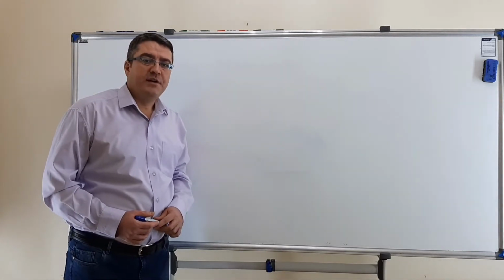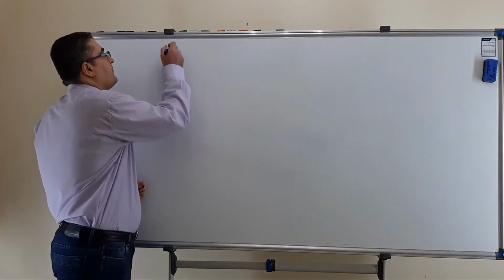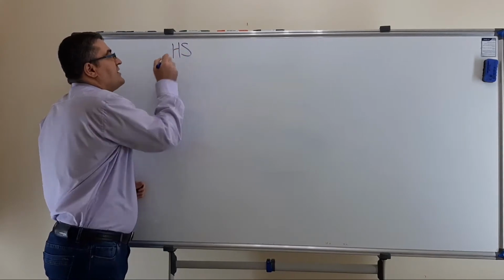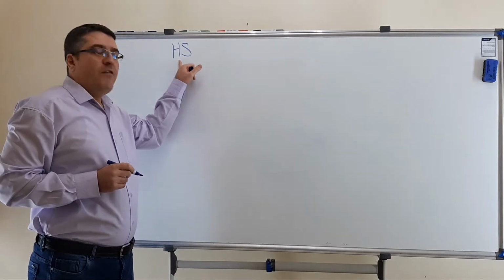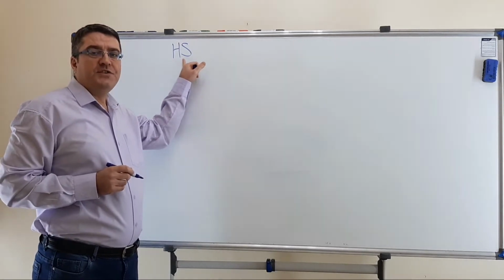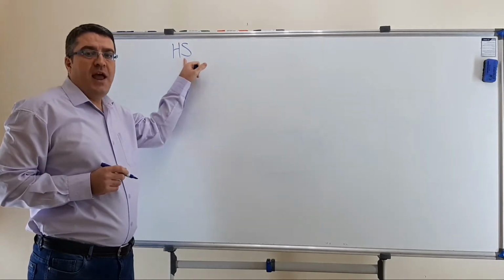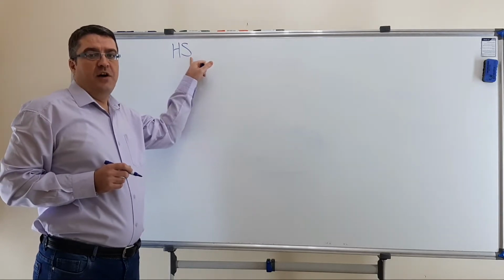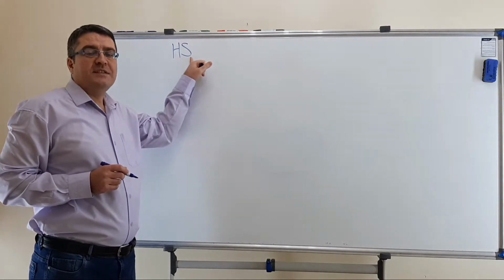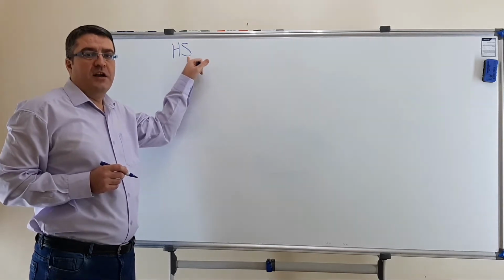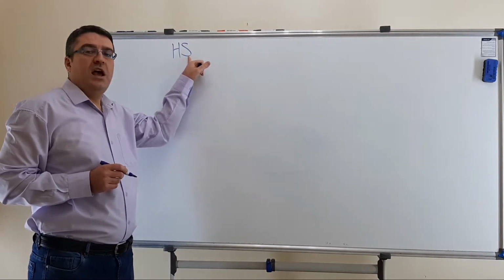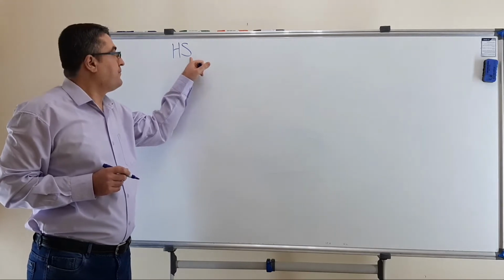Let's consider HS as the general form of an amphiprotic solvent, where H is for its ionizable hydrogen and S is for the remainder of the solvent, or S is for the first letter of the word solvent. Here, we should not mistake S with sulfur.